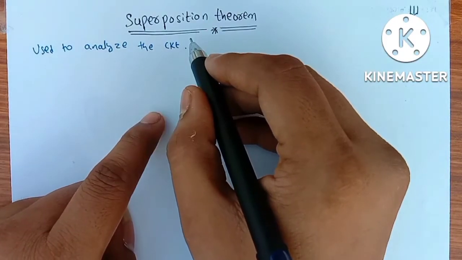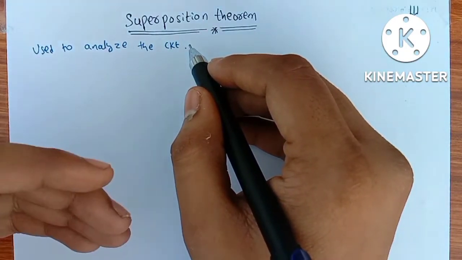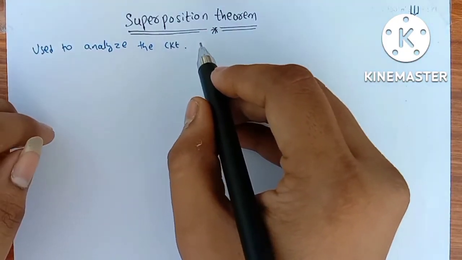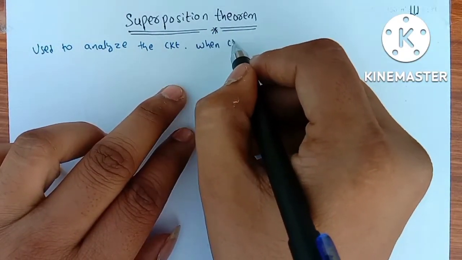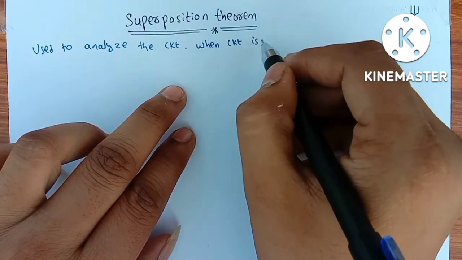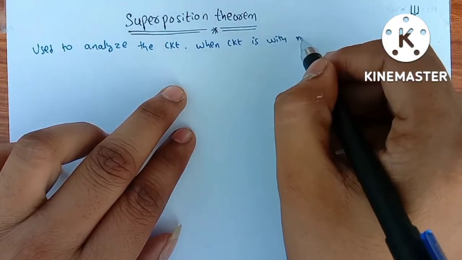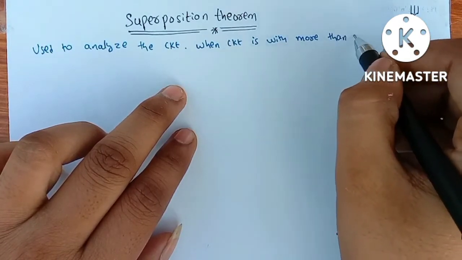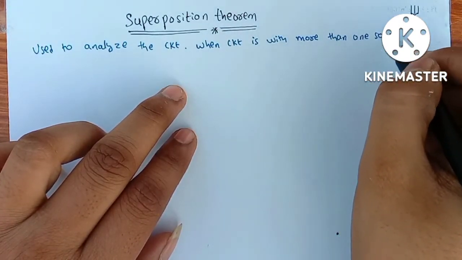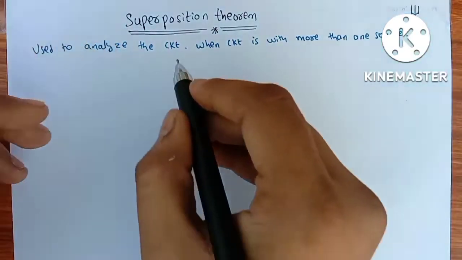When the circuit contains more than one source, then this superposition theorem is used.